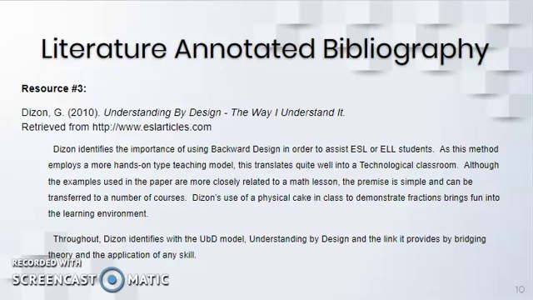So Dizon cites Understanding by Design, the way I understand it. This was one of the best pieces of feedback that I got from Sakai, from the feedback forum, and I specifically reached out and looked for some resources about backward design and Understanding by Design.